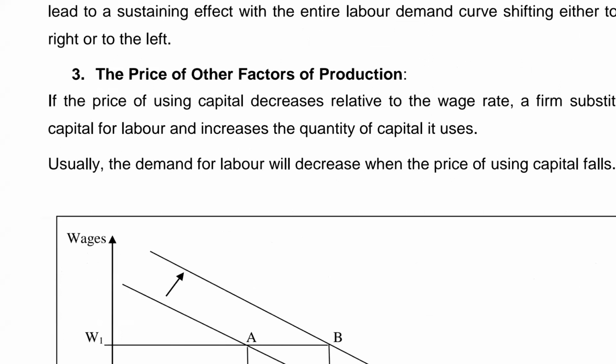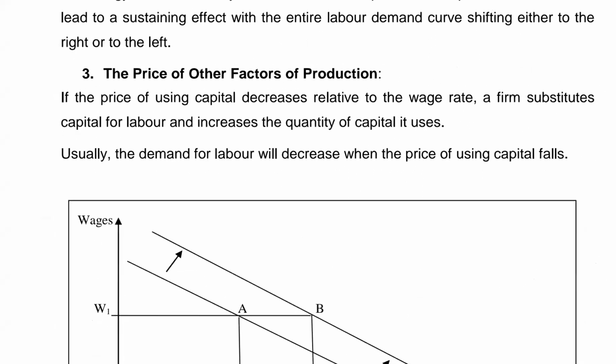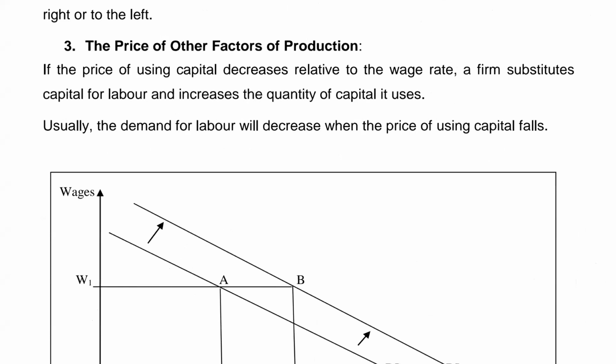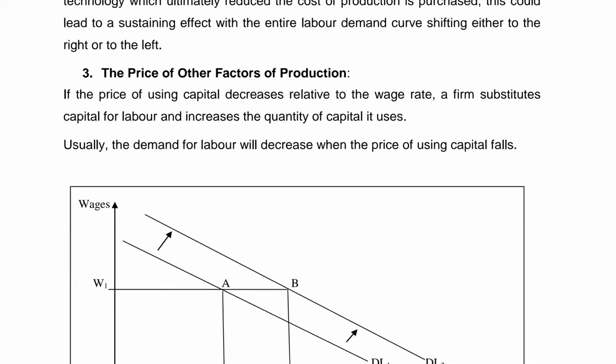Then we also have the price of other factors of production. If the price of using capital decreases relative to the wage rate, then a firm substitutes capital for labor and increases the quantity of capital it uses. So you have to look at the price of the others.